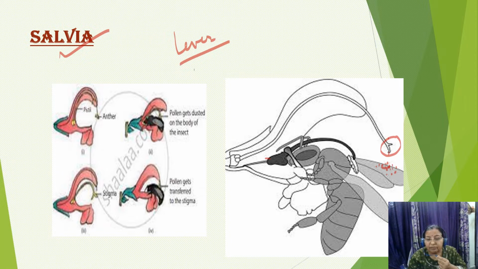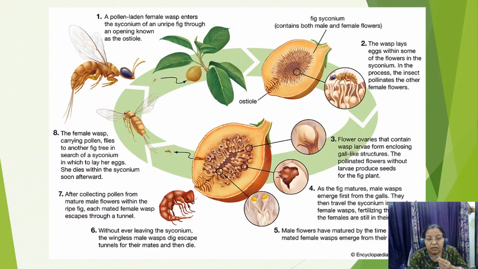So this is a kind of lever mechanism. Here the proboscis is inserted, and the lever of this anther will attach to the body of the insect. So very important, very beautiful example of insect pollinated flowers.